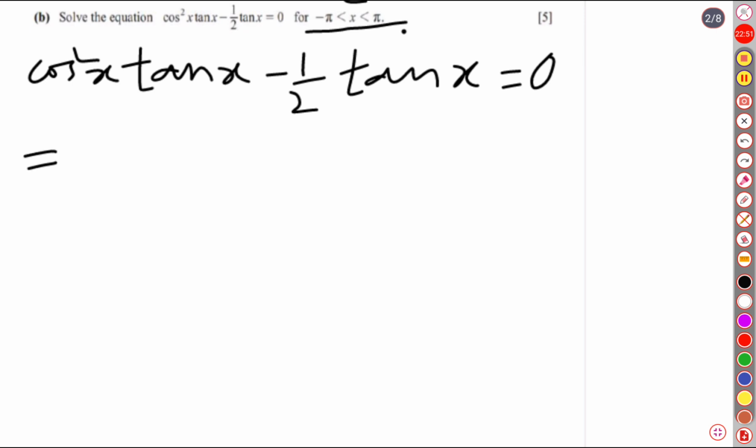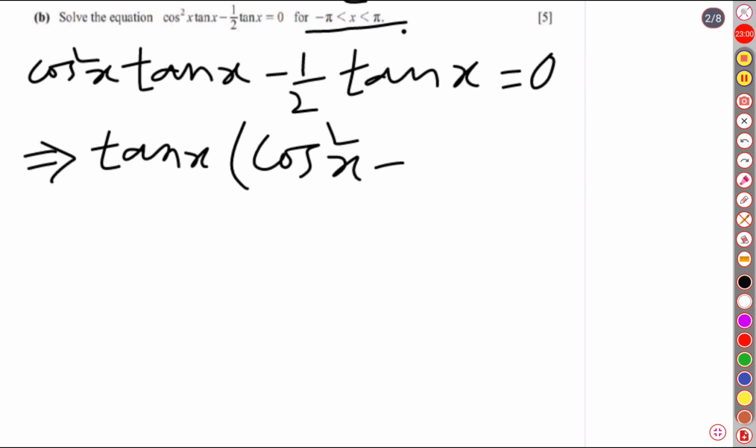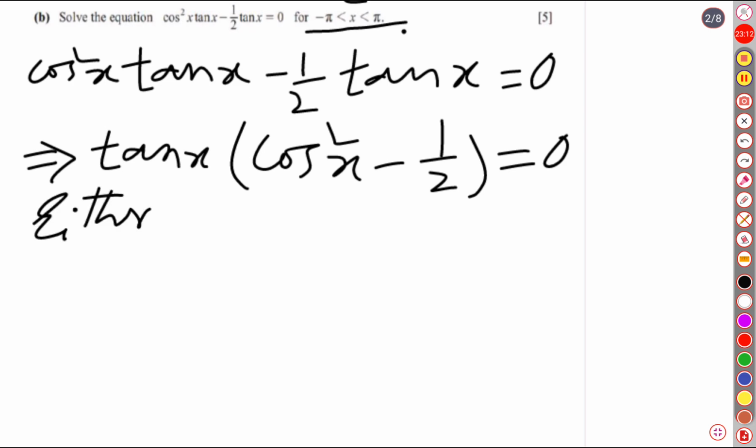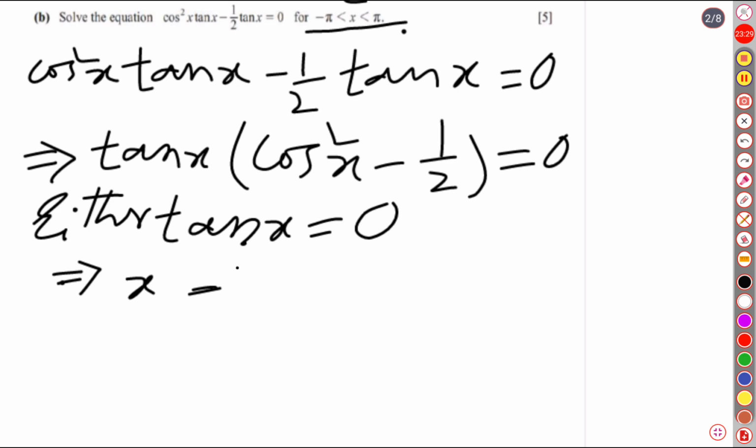Well, if we take tan x as common factor, it is going to be tan x, then from first term there is cos square x, from the second term there remains only half, equal to 0. Either tan x is equal to 0, or x is equal to tan inverse of 0.